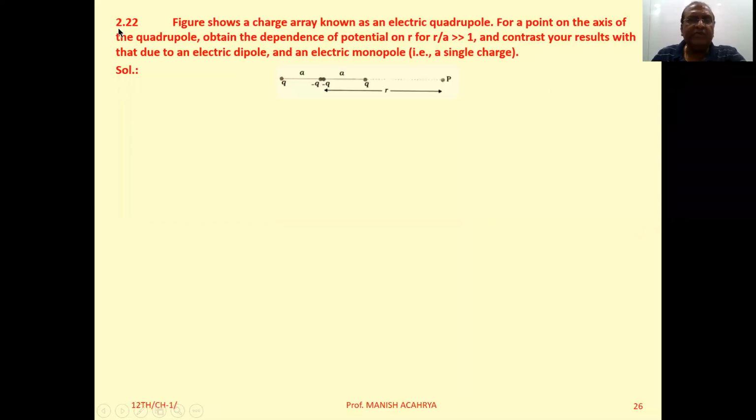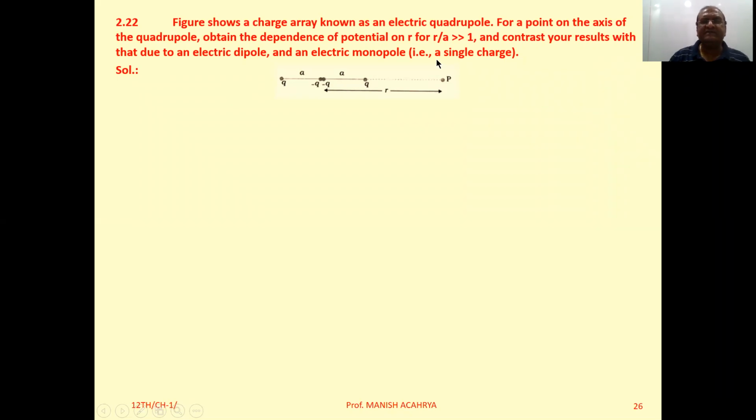Example 2.22. The figure shows a charge array known as an electric quadrupole. For a point on the axis of the quadrupole, obtain the dependence of the potential on r for r by a very much greater than 1, and contrast your result with that due to an electric dipole and an electric monopole.